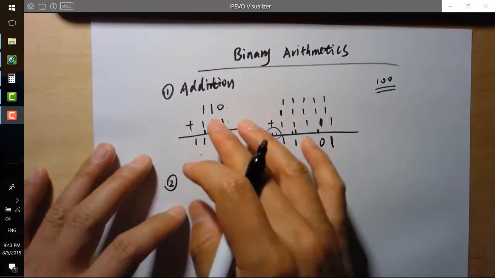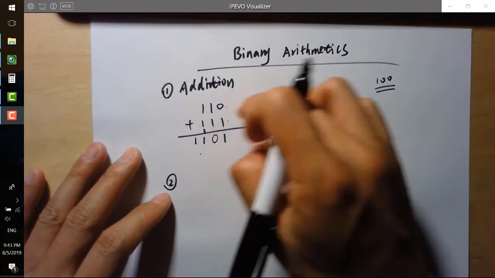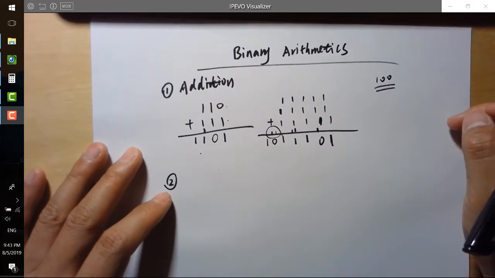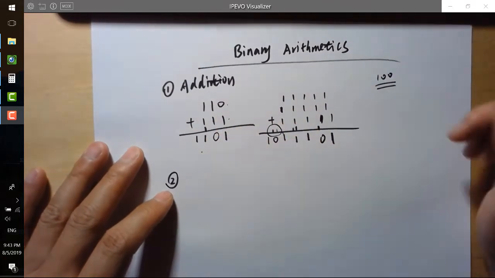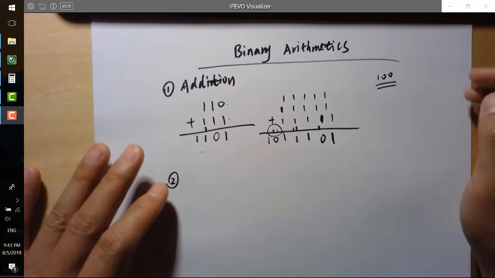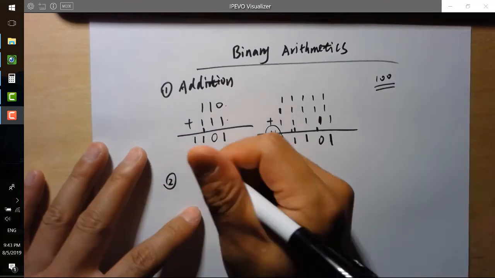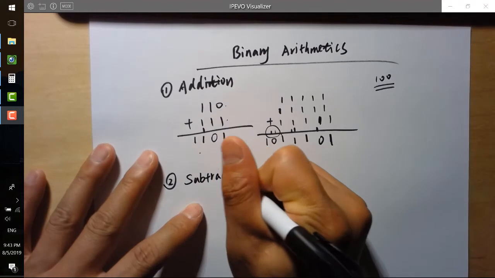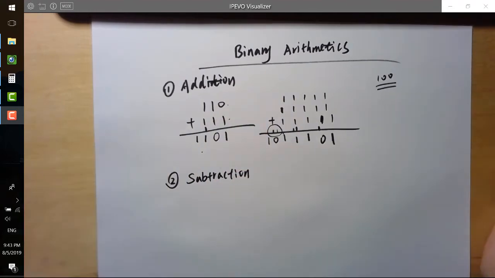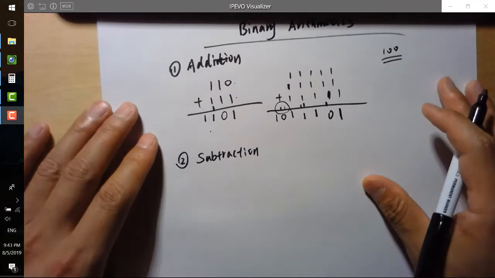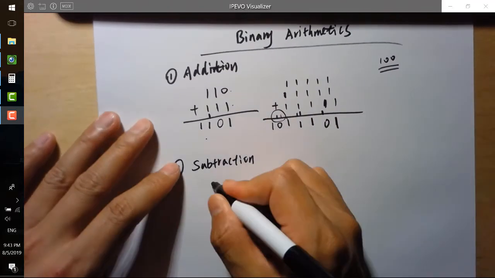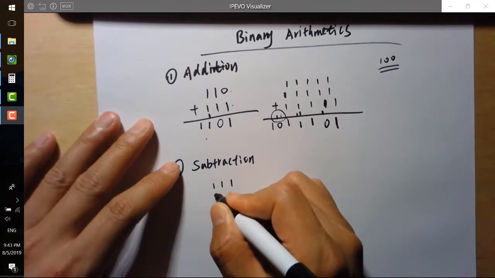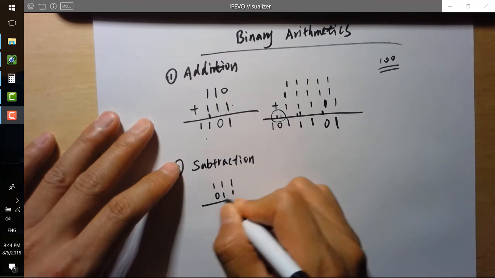All right, so I think this is just 2 examples here. If you know how to do these 2 examples, you should be able to do the homework and do well in the exam, right? Now subtraction. It's pretty simple if you have a bigger number minus a smaller number.